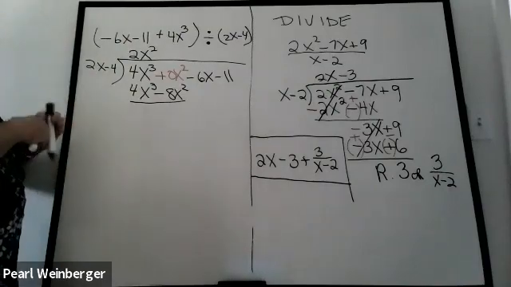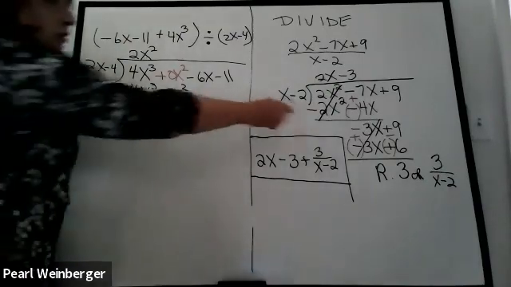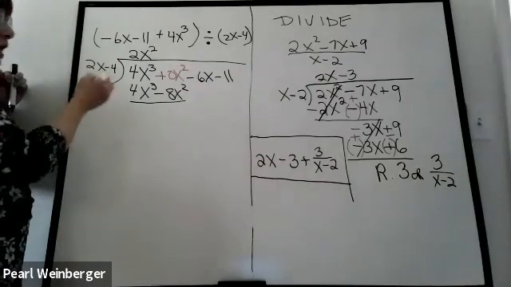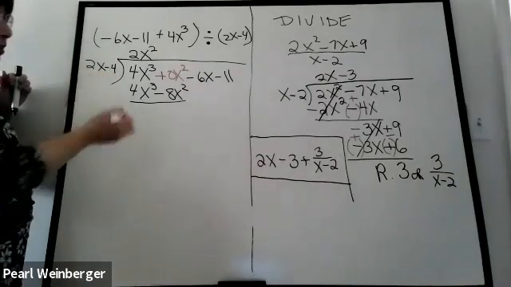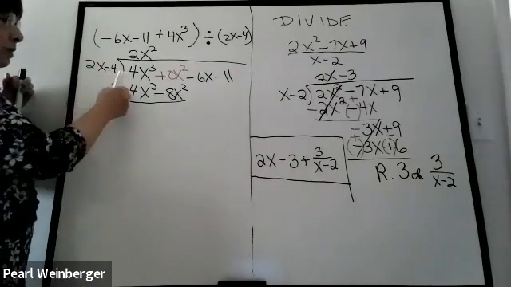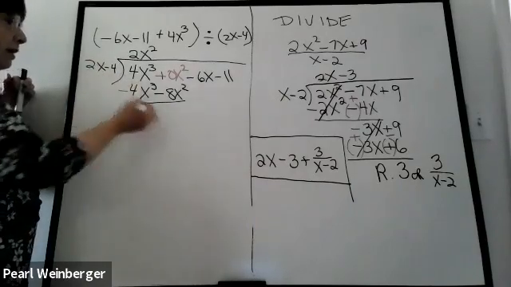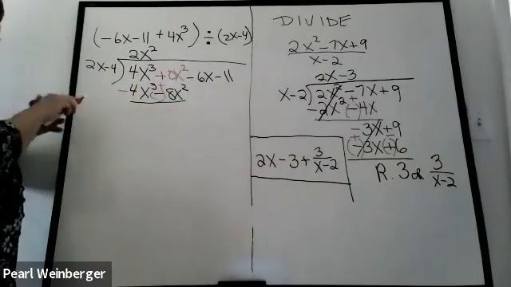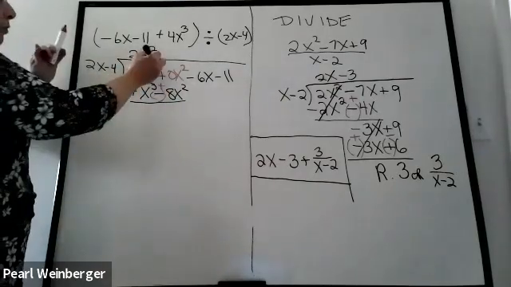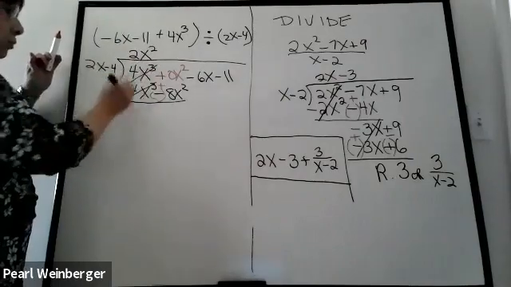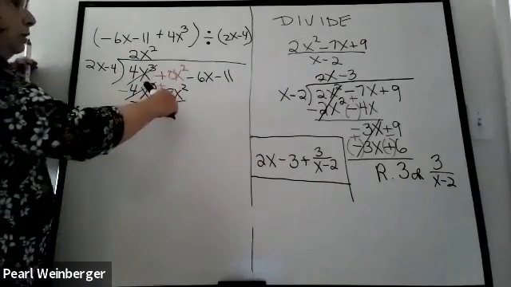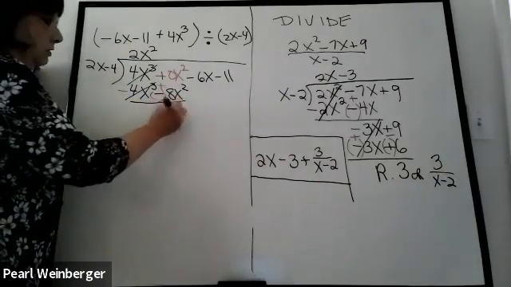I want to subtract just like I did over here. And remember, we do the subtraction by changing the signs. This is a positive, it's going to become a negative. This is a negative, it's going to become a positive. So we end up with 4x cubed minus 4x cubed, which cancels out, and 0x squared plus 8x squared, which gives us 8x squared.